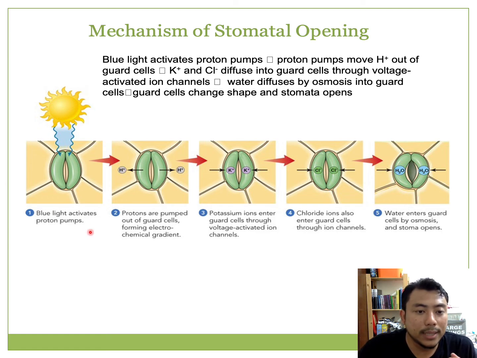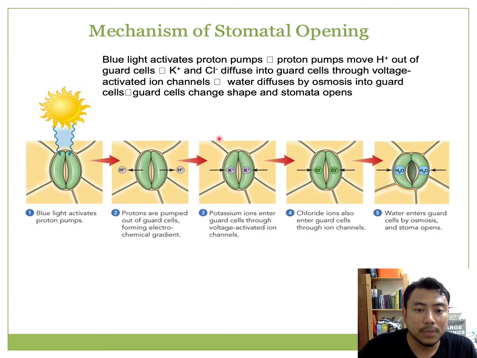So that blue light will activate the proton pumps. Proton pumps move hydrogen ion ataupun the proton, kita panggil proton, out of the gut cell. So maknanya hydrogen ion ataupun proton ni akan keluar daripada gut cell.